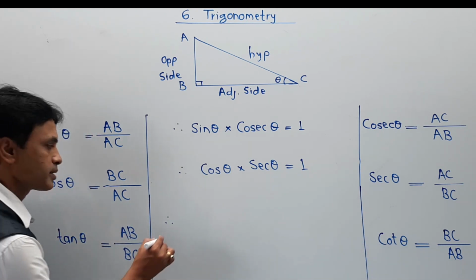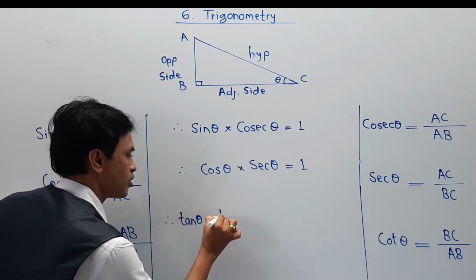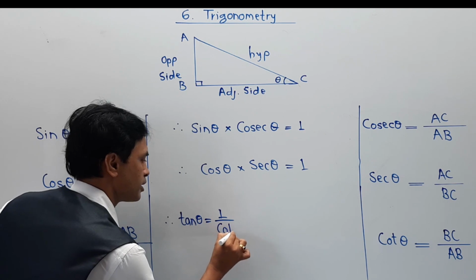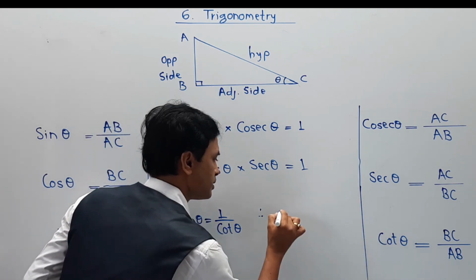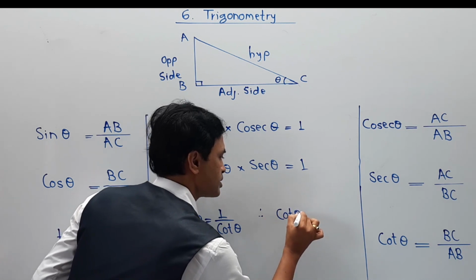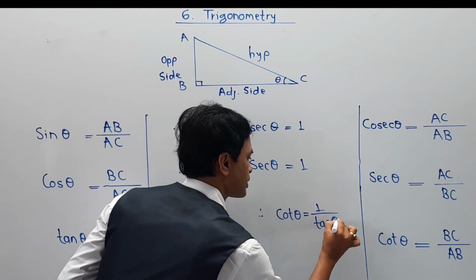So we can write it as tan theta is equal to 1 upon cot theta. Vice versa, you can also write cot theta is equal to 1 upon tan theta.